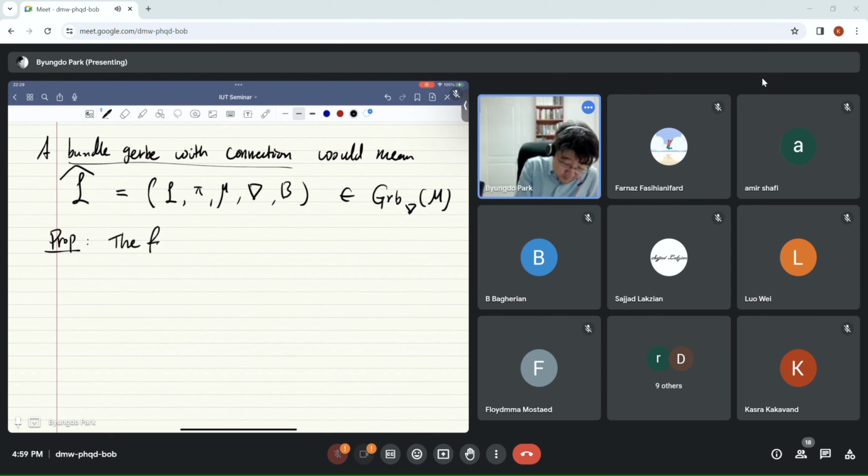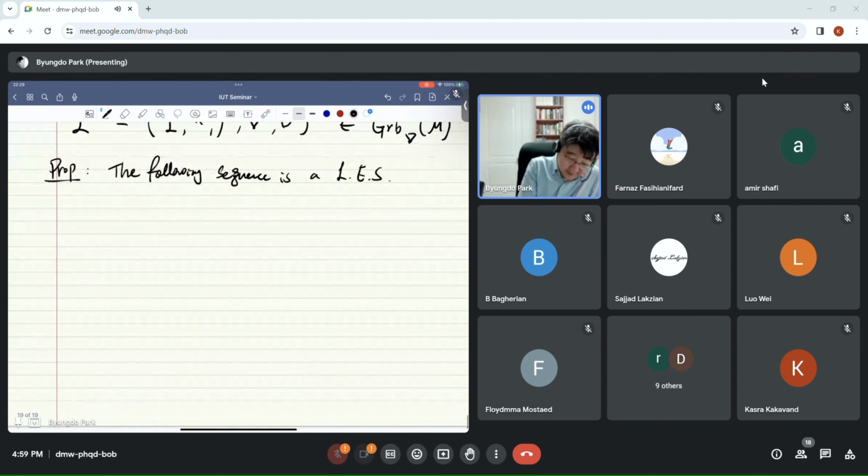The following sequence is a long exact sequence. So what is the sequence? It is 0 that goes to differential forms on M, degree k, let's say.